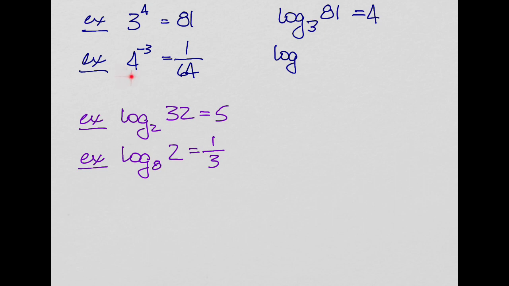Here's my base. The exponent is negative 3. And that goes over here. And the argument, 1 over 64. I might want to put some parentheses in there just to make it a little bit more clear. And again, the exact same information, just looks a little bit different in form.